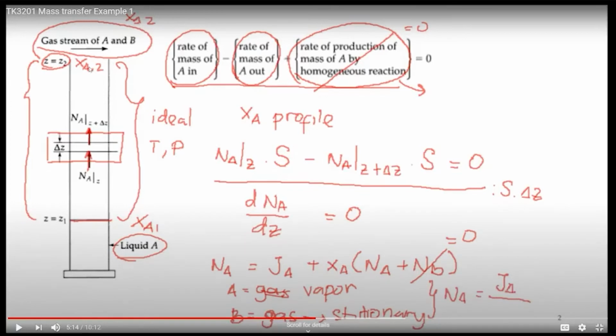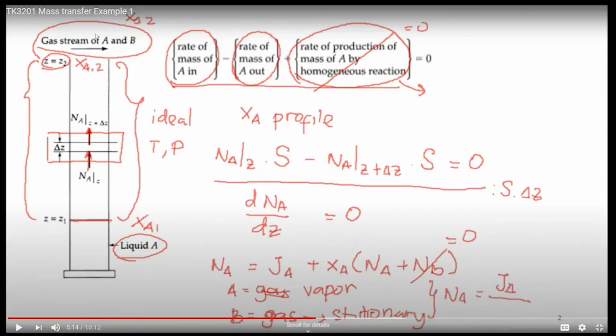Is it clear? Okay, so let's continue. So NB is 0 because it's stationary, right, ma'am? Right. NB is stationary because all the gas stays in the glass. But the A component, because it's evaporating, moves up.